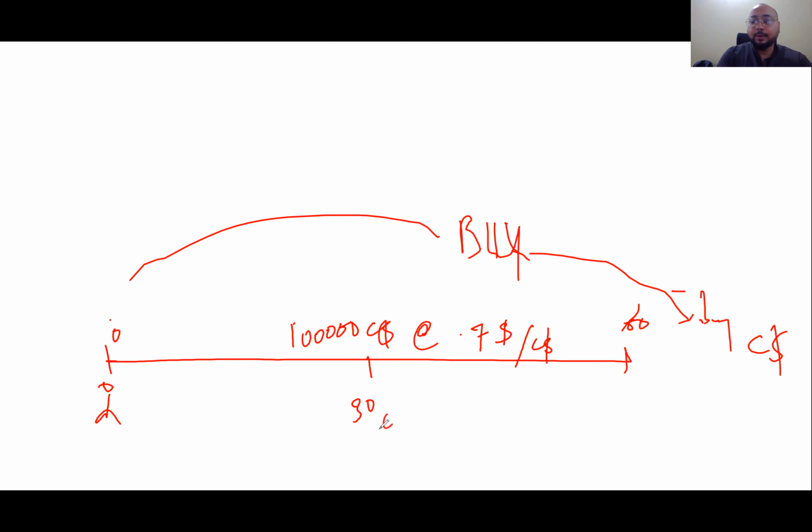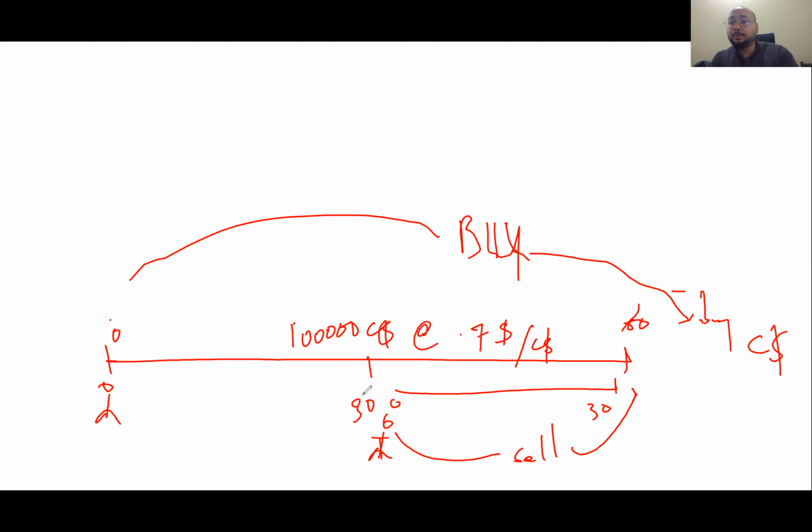After day 30, how can you close down? You enter into a sell, for how long? 30 days, because your overall contract is going to expire in 60 days. 30 days have already passed, so you just have 30 days left.